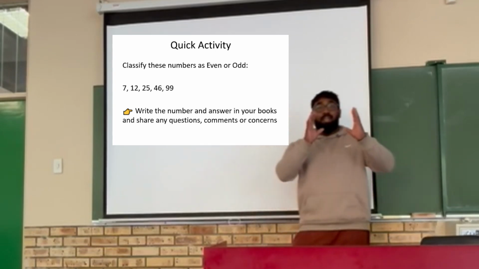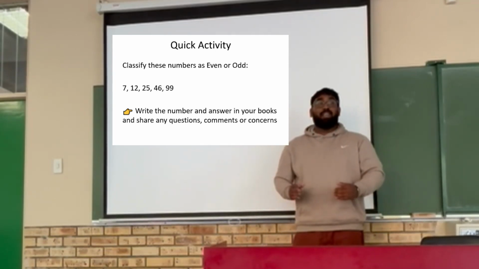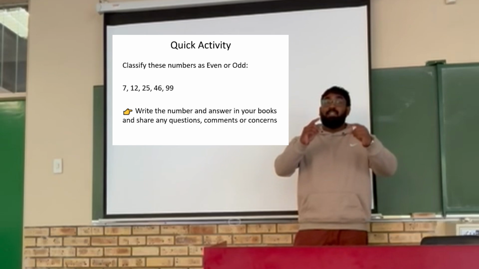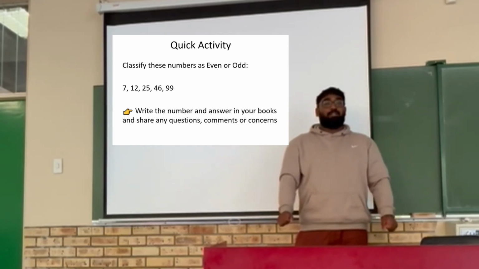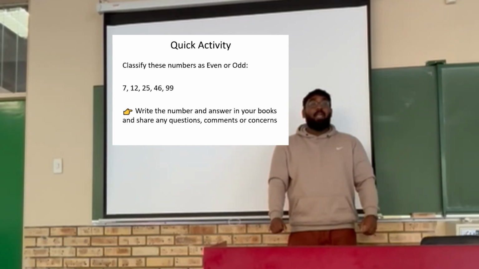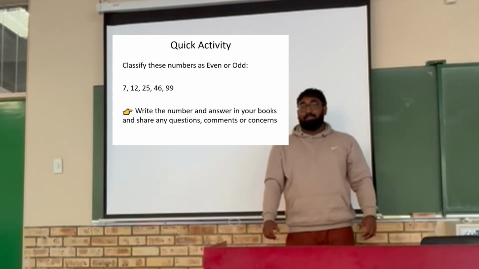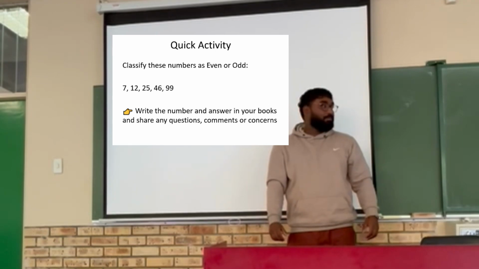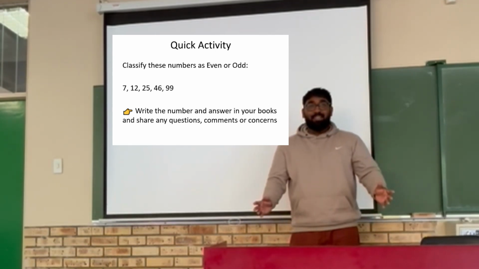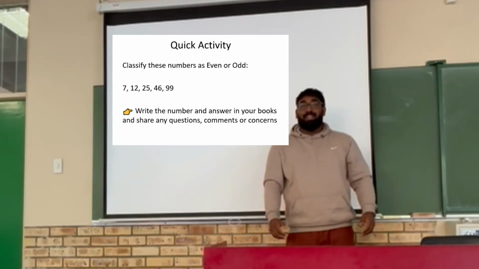Well done. Now next to those numbers on the right hand side, please write down whether you think they are even or odd. And when you are done, please raise your left hand. Are we all done? Yes. Well done, class.